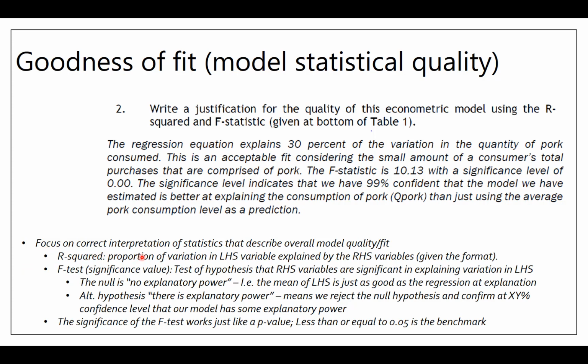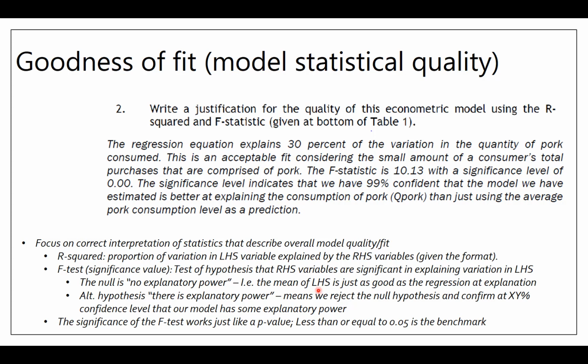But the R squared is just a direct proportion, right? So it's a measure between 0 and 1 of how much variation in the left-hand side, in our case, quantity of pork, is being explained by everything altogether on the right-hand side. So put everything that's on that side, how well does it explain it? And then the F-test is sort of like a test of how powerful that explanation is. So it starts from a null hypothesis that there's no explanatory power in whatever the collection of right-hand side information is.